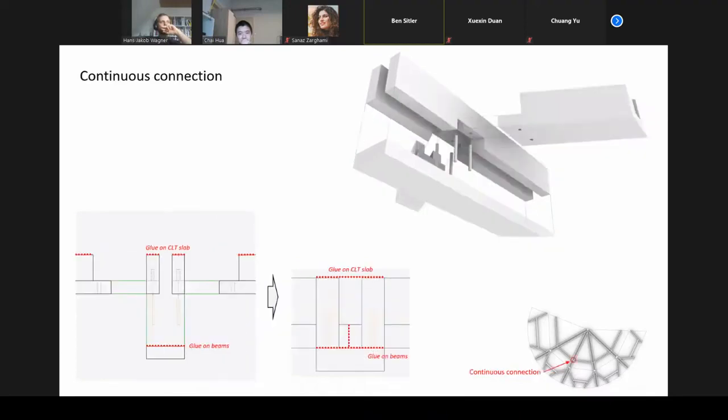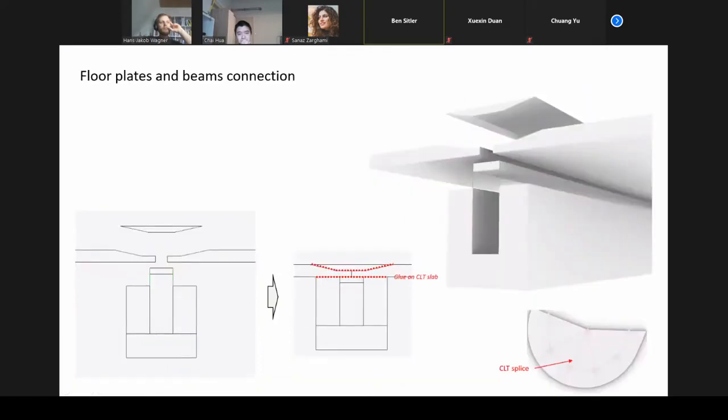And in the cases where we've got beams running continuously through, the concept is very similar, but the two beams just meet in, become doweled, and then the bottom flange gets glued on from the bottom.